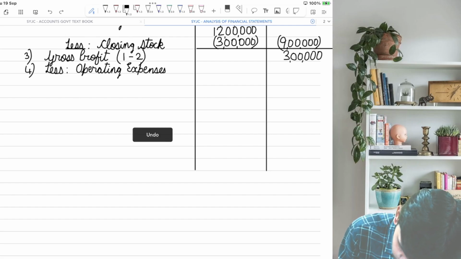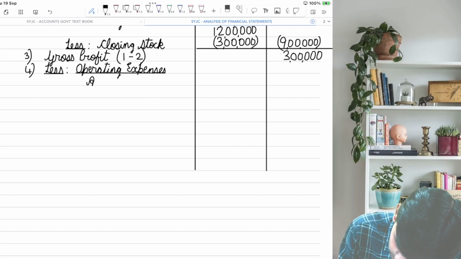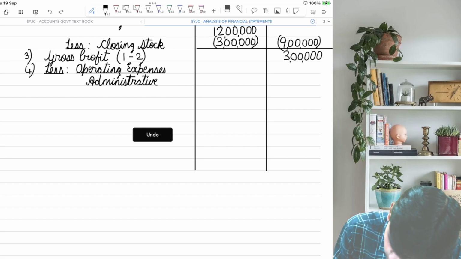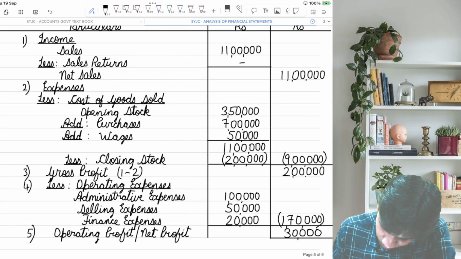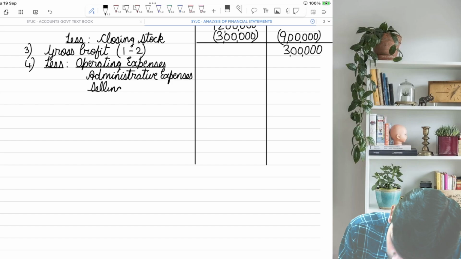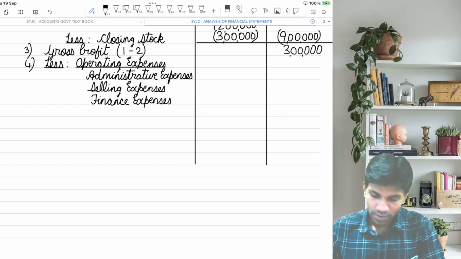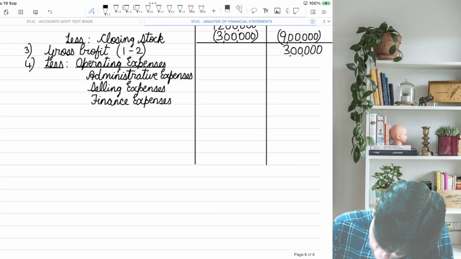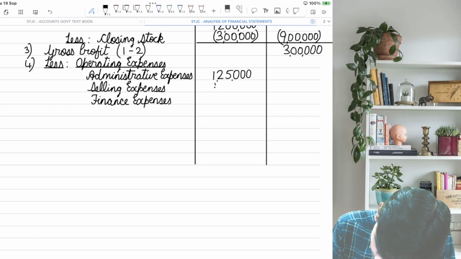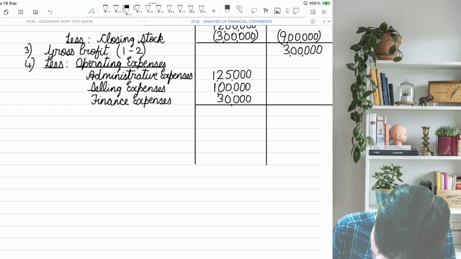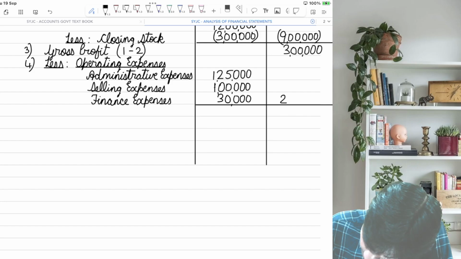In this we have ASF: administrative expenses, selling expenses, and finance expenses. 1 lakh 25,000 is the office, 1 lakh, and 30,000. 225 and 30 gives me 255.